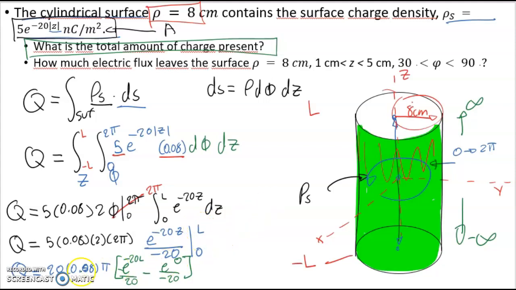Now, this 20 with this 20 can go away, and we will get only the exponential part.